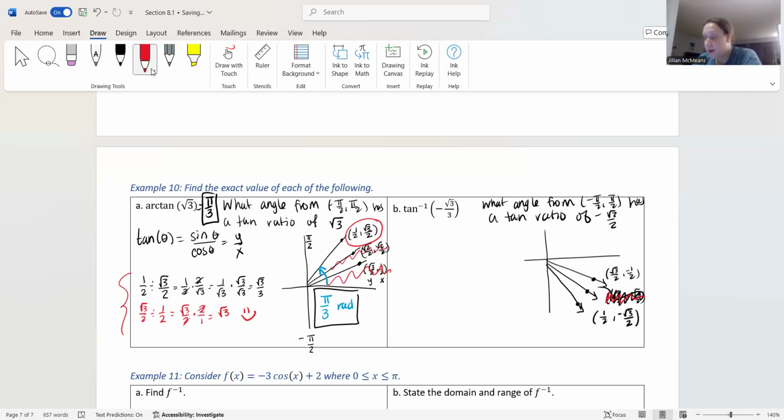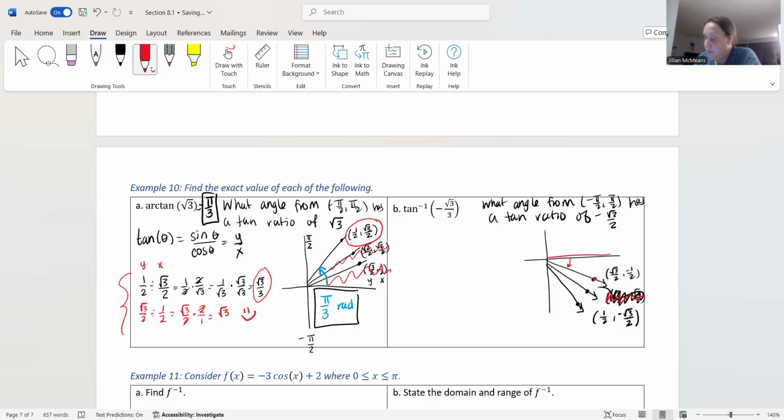So that tells me I'm looking at this angle right here.